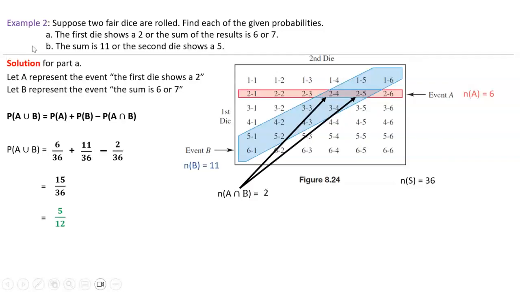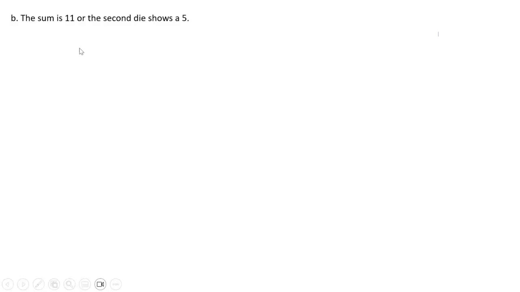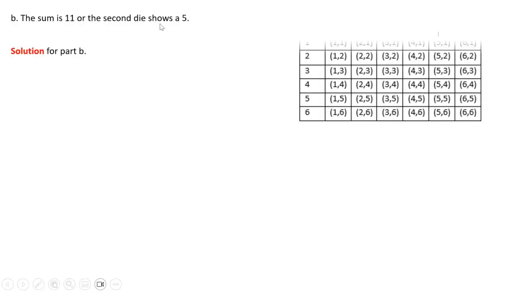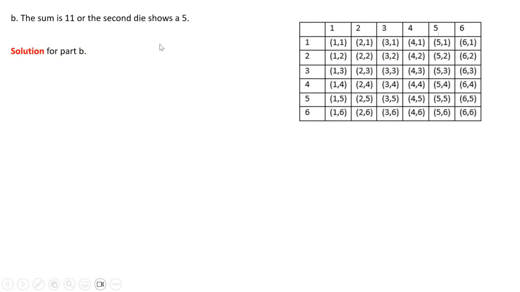Okay, now let's do part B. The sum is 11, or the second die shows a 5. So the sum is 11. Right here, guys, let me show you a way that you can read this. If we notice, going diagonally, for example, 1, 1 will give me a 2, and then the 3 will be these two here.